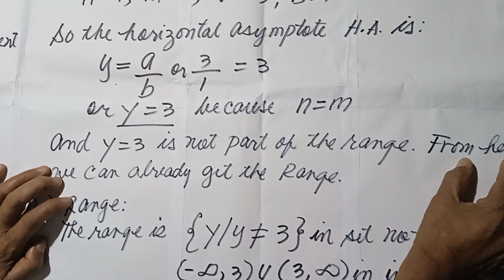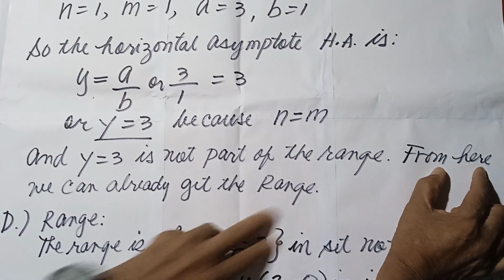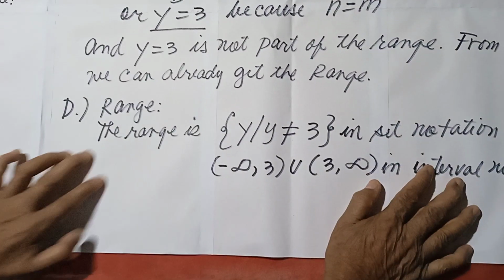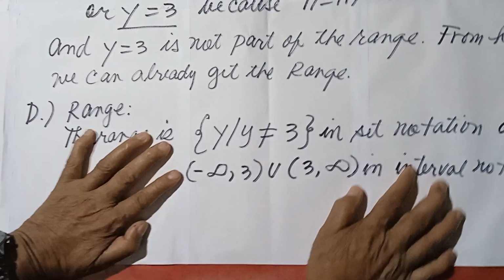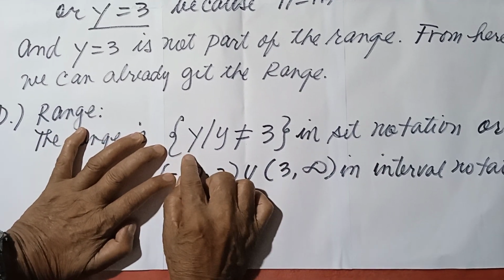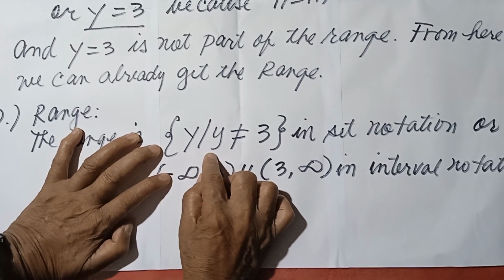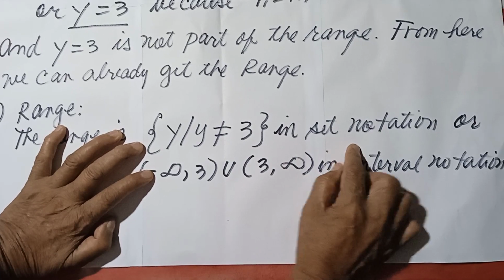So, from here, we can already get the range, so that is our letter D. The range is the set of all y such that y is not equal to 3. That is in set notation.